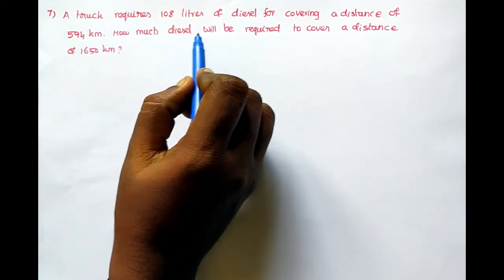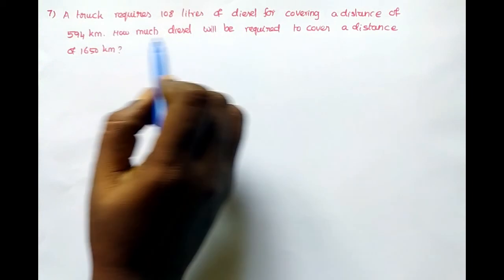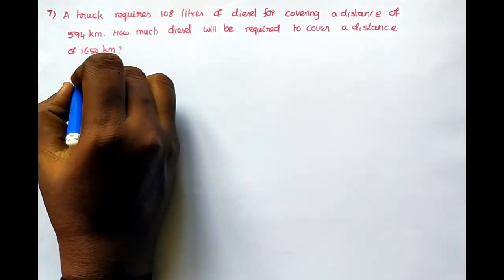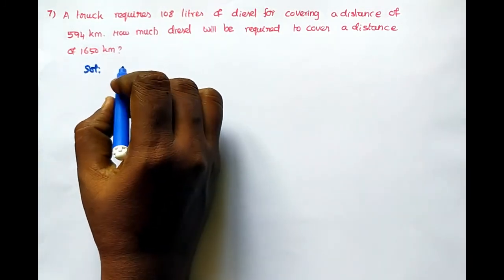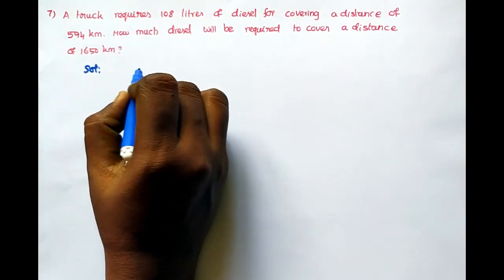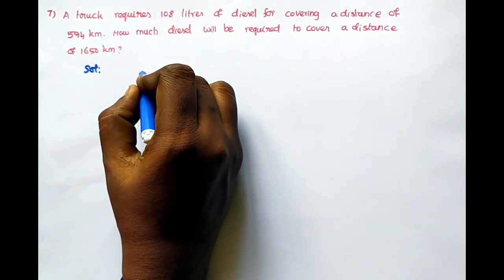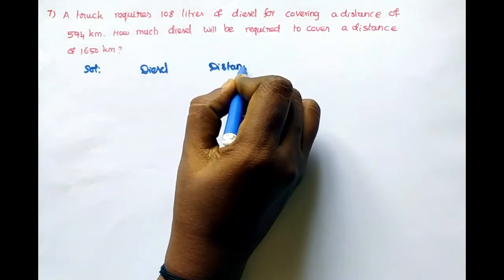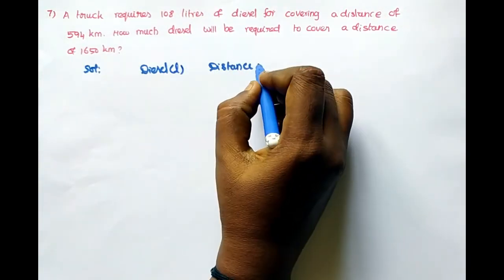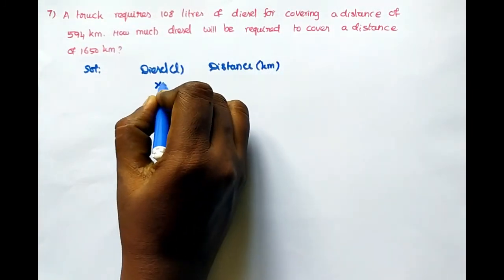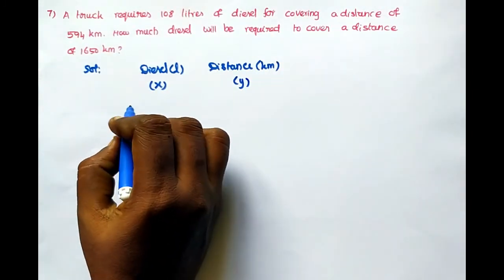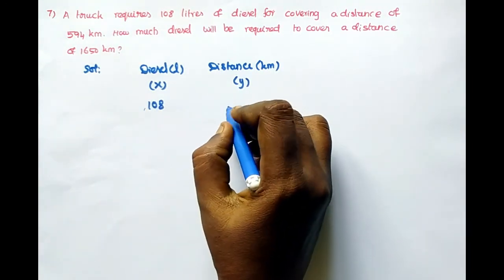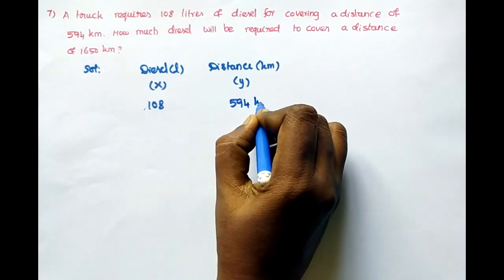How much diesel will be required to cover a distance of 1,650 km? Solution. Here diesel, distance, that is in liter, here in kilometer, x, y. 108 liters means it covers how much? 594 kilometer.